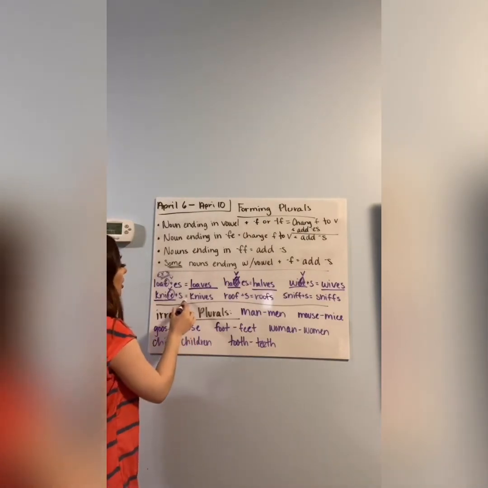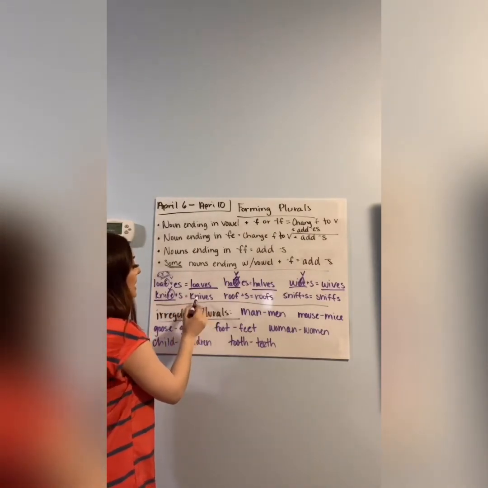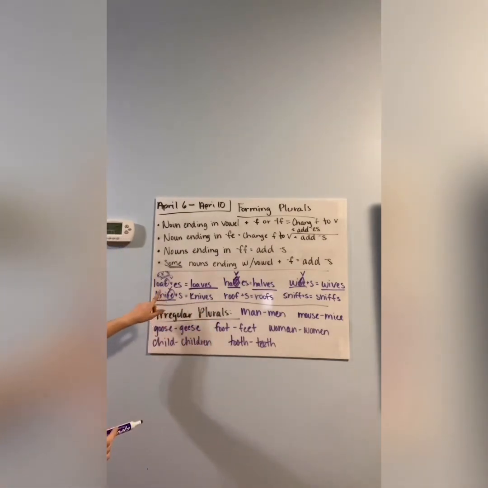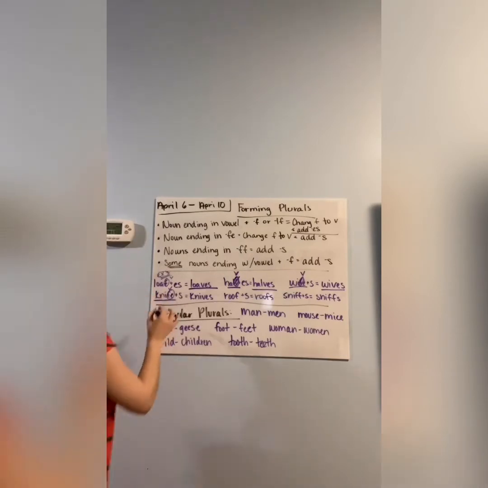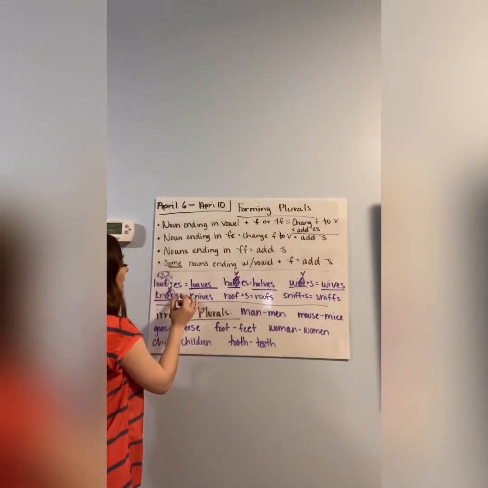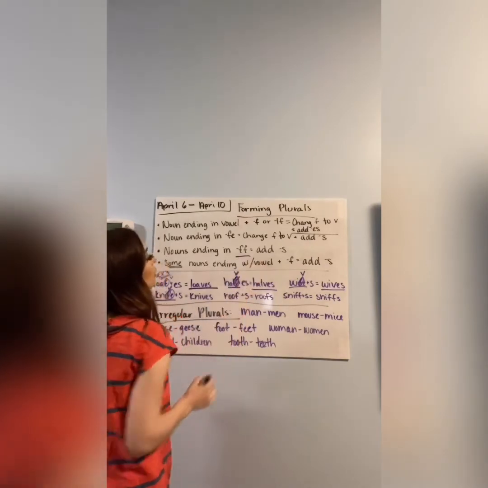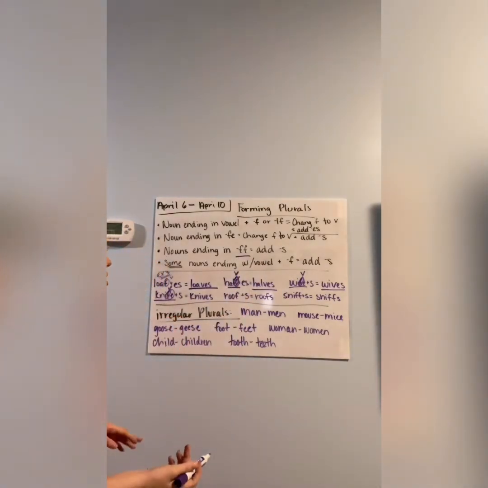So our plural word would be knives, K-N-I-V-E-S. Because remember, knife ended with an F-E, so we just changed that F to a V, and we added an S to make it plural. So it's knives, K-N-I-V-E-S.